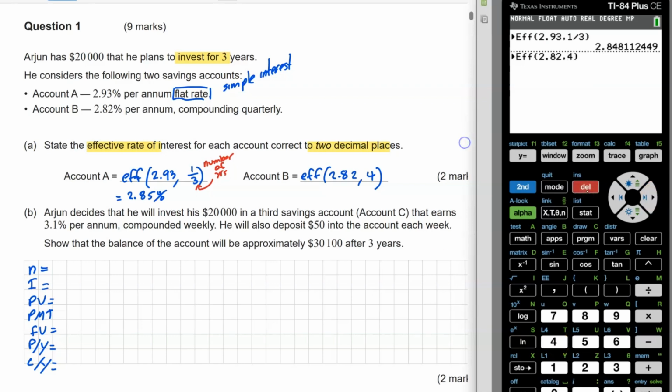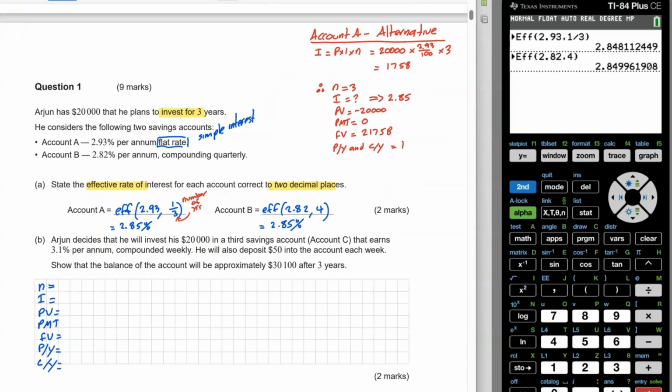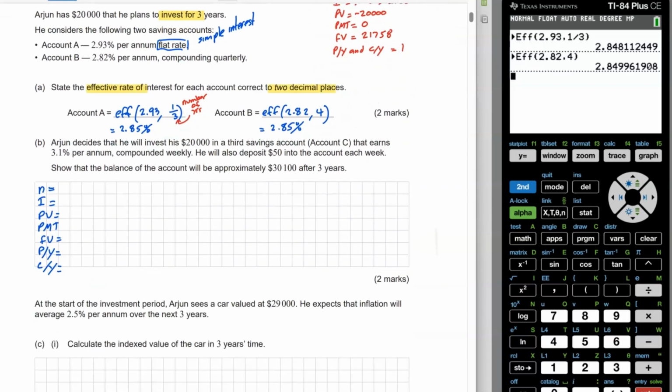So it looks like it's the same answer, 2.85%. Both of them have 2.85% as an effective rate. I've just shown an alternative way over here in the red to find the effective interest rate of a simple interest account, if that's something you would prefer to have a closer look at.